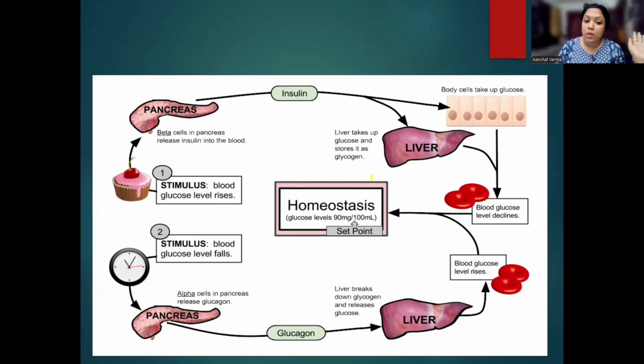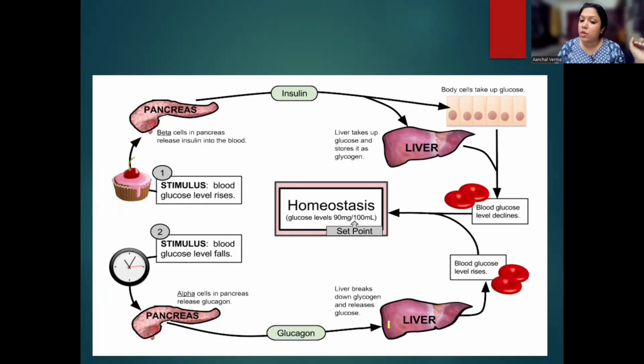Now you are hungry. The situation is you are hungry, you have not taken glucose for a long period of time. So what happens? Your brain, the hypothalamus, senses that the glucose level is low in the blood. It triggers the pancreas alpha cells now. In the previous case, beta cells were triggered. Now the alpha cells will be triggered and glucagon will be released.